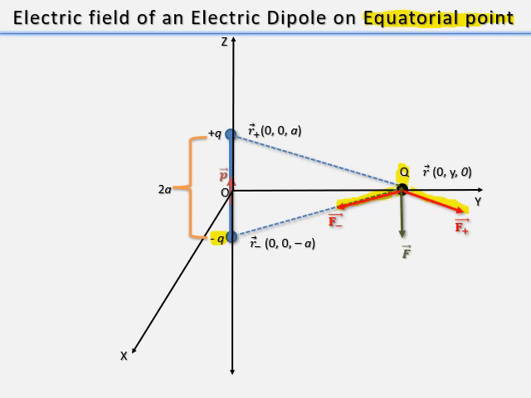It should be like this: in the downward direction, or the negative z direction, which we had discussed earlier: at an equatorial point, the direction of electric field is opposite to the direction of the dipole moment. Let us check if our prediction, our understanding about the electric field of a dipole, is right or not. So let us start with the maths part of the derivation.